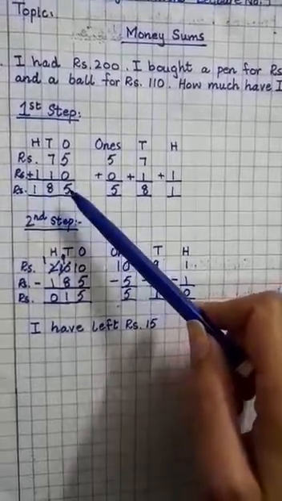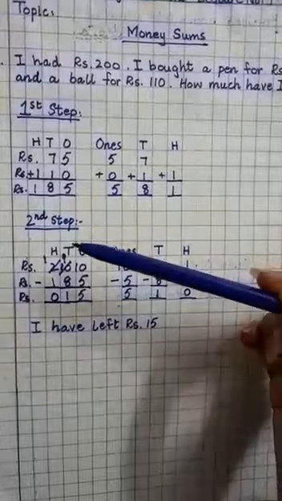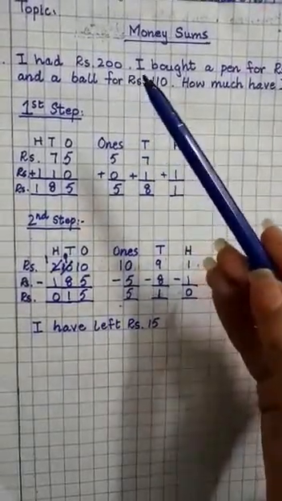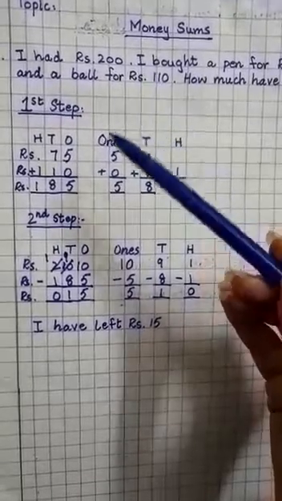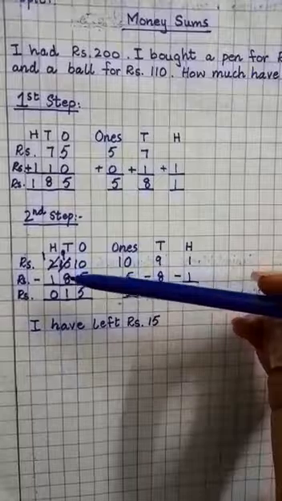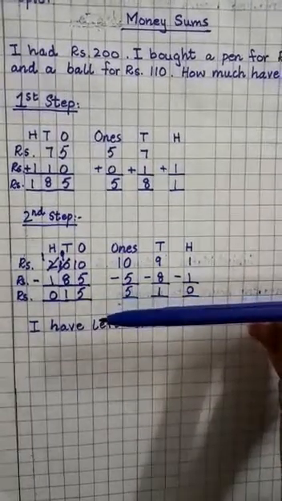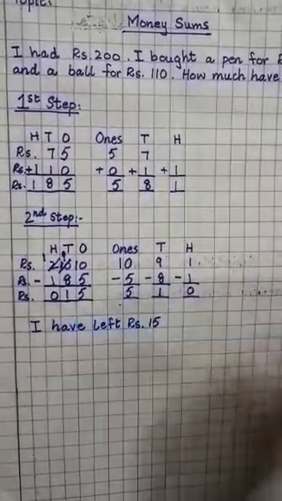Rupees 185. Second step, now second step is you have to subtract this answer from the total amount. Okay, total amount is rupees 200. So we subtract 185 from 200. So how much have left? I have left rupees 15. Okay.